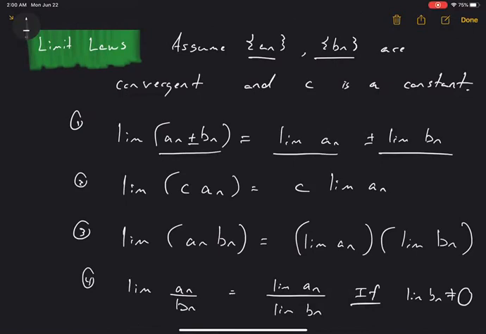So what's an example of what all these rules mean? Let's do the limit of 1 over n plus 3 over 1 plus 1 over n.